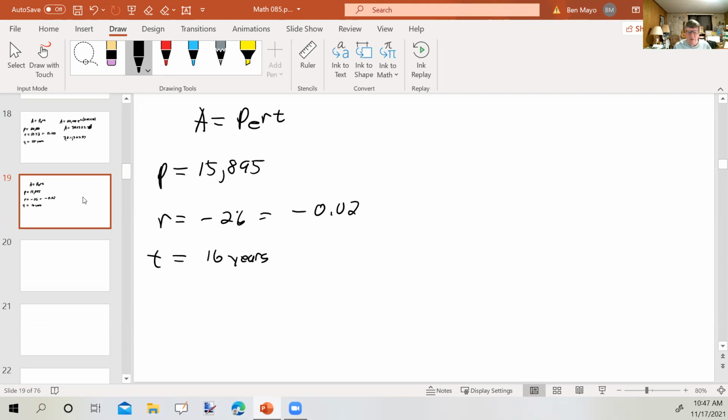So now r, the interest rate or the growth rate, is actually negative. So this population is decaying. It's shrinking at a rate of 2% per year. So A equals 15,895 times e to the parentheses negative 0.02 times 16.